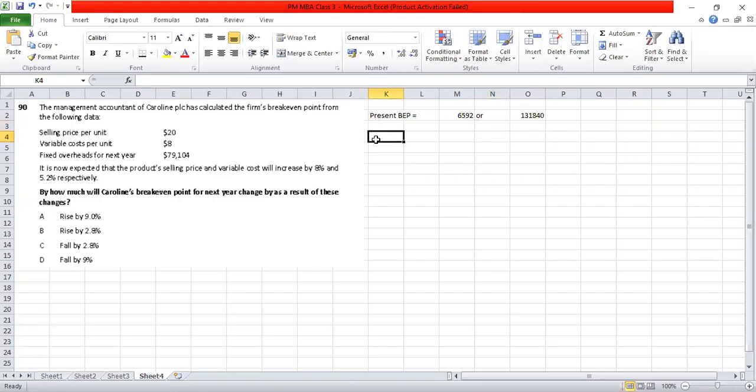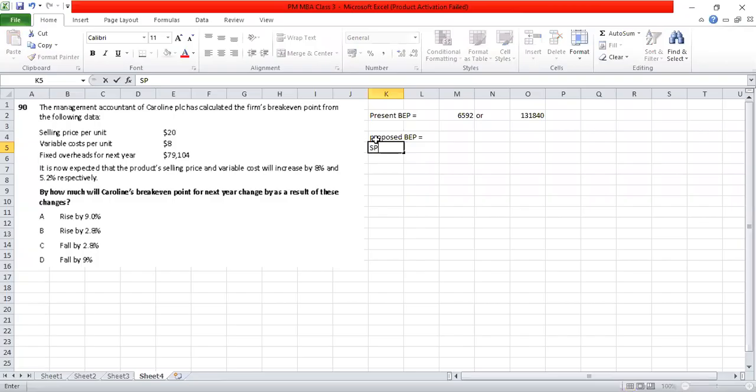Then talk about the proposed one. Proposed break-even point is what we have to calculate. But the proposed break-even point has changes which are mentioned. What are the changes? It is expected that the selling price will increase by 8%, and variable cost will increase by 5.2%.